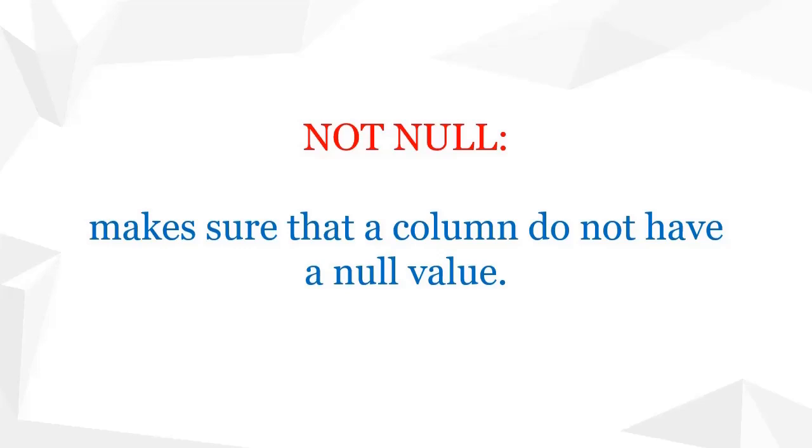So any column which is given a not null constraint cannot have a null value. Okay. I have already said that a null value doesn't mean 0. Okay. A 0 is a particular value. Null value means not having any value. Okay. So let us see this with an example.